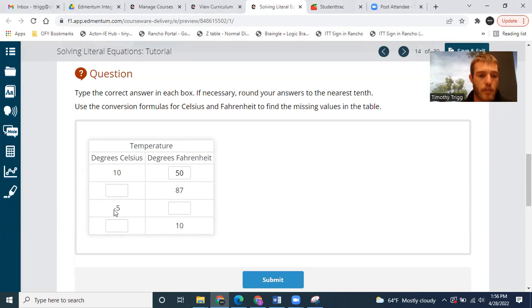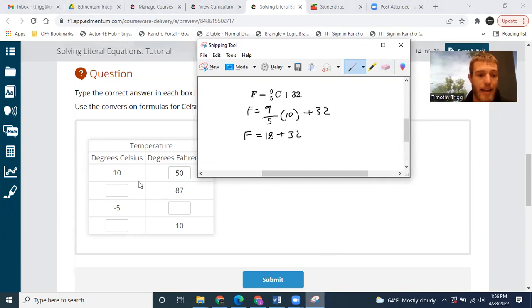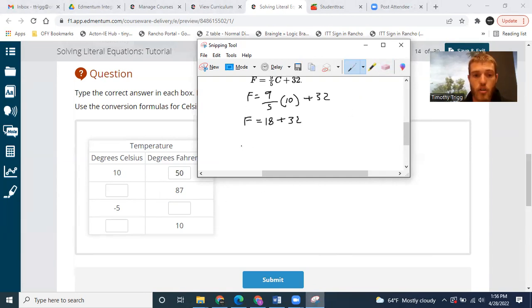Let's go ahead and do this other degrees Celsius to Fahrenheit. So here it's -5 degrees Celsius. We need to figure out what's the temperature in Fahrenheit. So once again, we're going to use the same formula, except I'm going to replace the C with -5. So it's going to be, here, this one I'll do in blue.